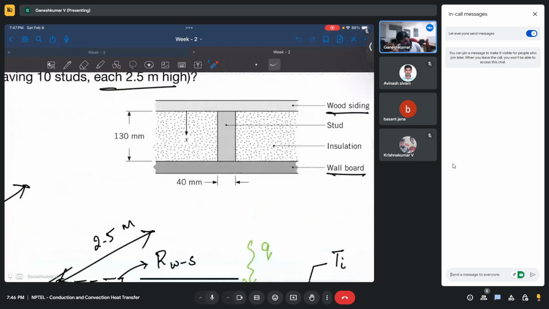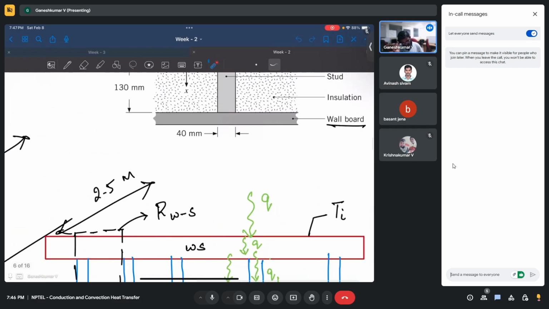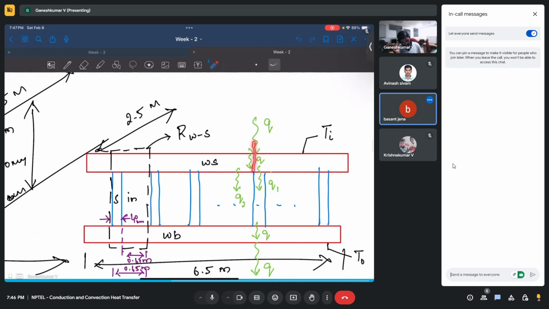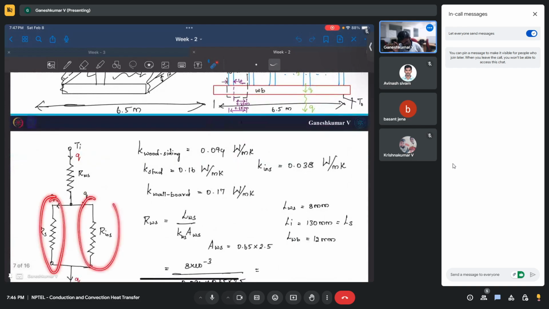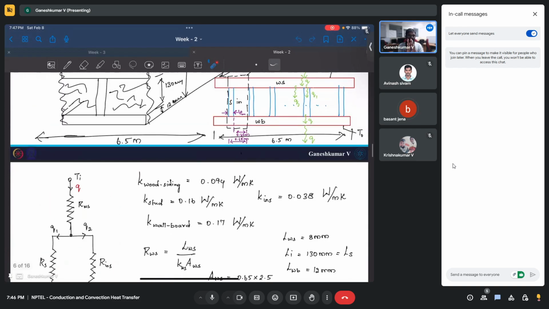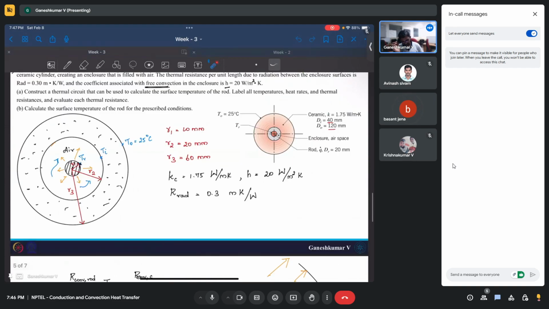We have this wood siding, so this is a plane wall. Whatever heat comes through here, one part goes through the stud and the other goes through the insulation. So there are two pathways for heat, which correspond to two different resistances, which are in parallel. Now the same thing you visualize for this.